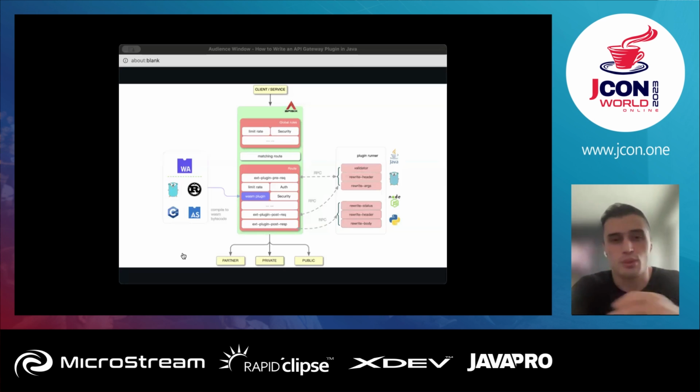And if you are a Python developer, of course, you can also use the Python plugin runner. But in general, the existing plugins that APISIX has cover almost all the common use cases. You don't even have to build new plugins. If necessary, of course, you can use Java.